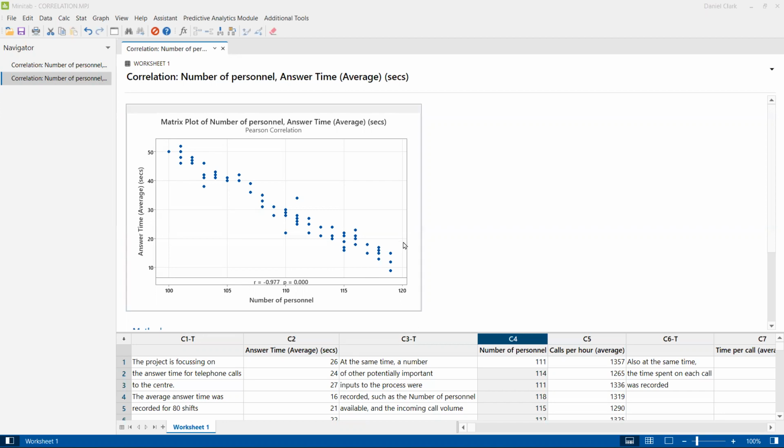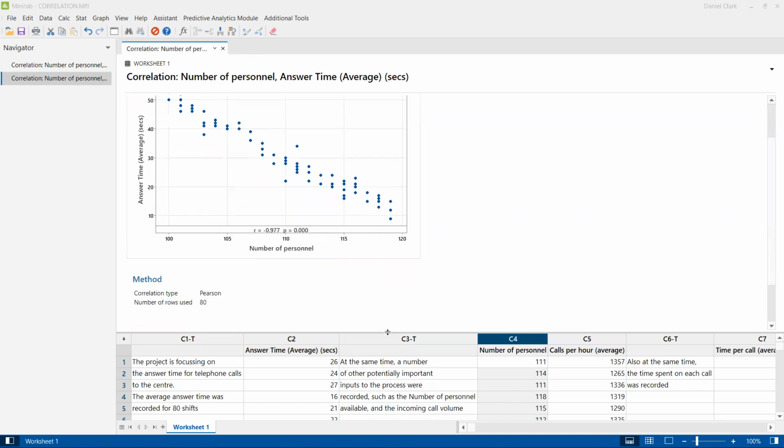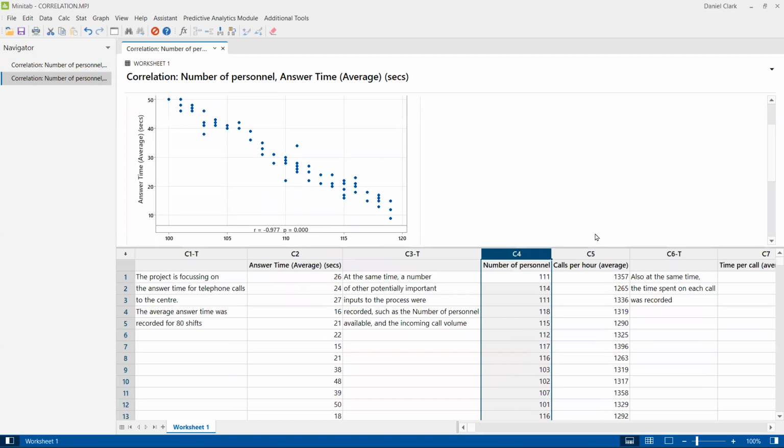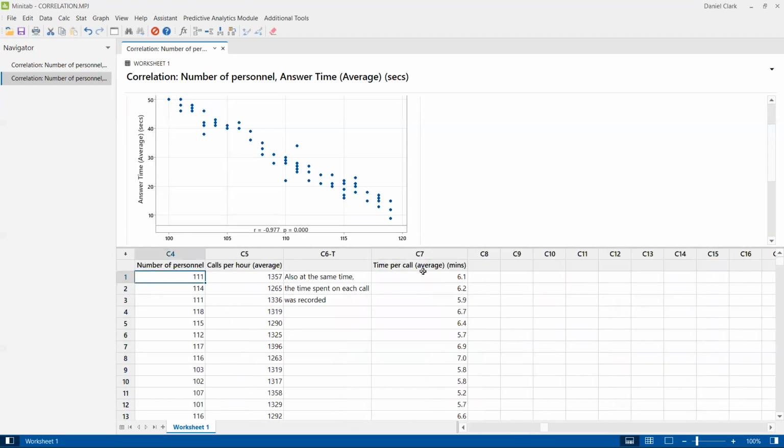Let's look at another example from this data set. Is there a relationship between the number of personnel working on that shift and the average time per call?